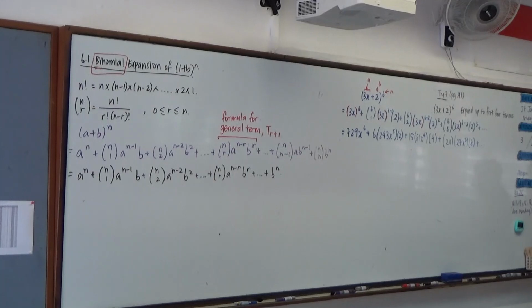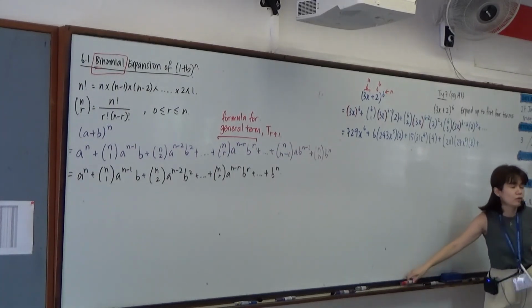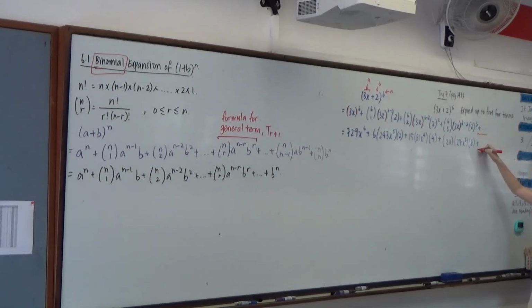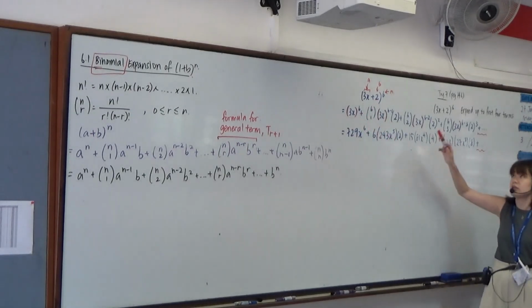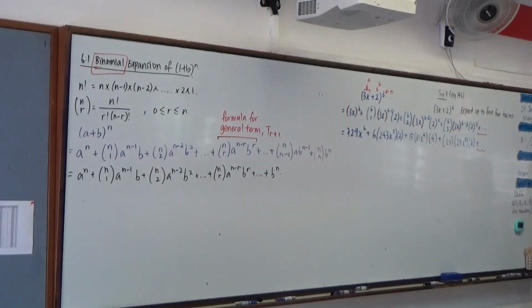Because the question only wants up to the first 4 terms, the remaining terms you don't need to write out. You can just represent them with a plus dot dot dot. You need to put in the plus dot dot dot, otherwise it is mathematically incorrect to say that they are equal. You need to represent it with plus dot dot dot to tell the readers that there is actually more. But we remove that because it's not necessary in the question.